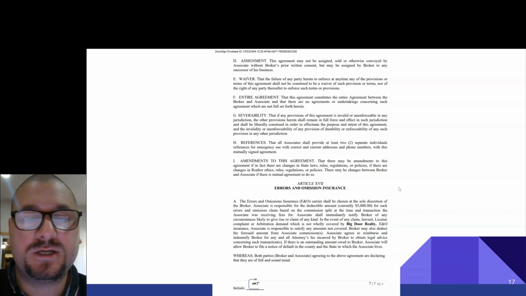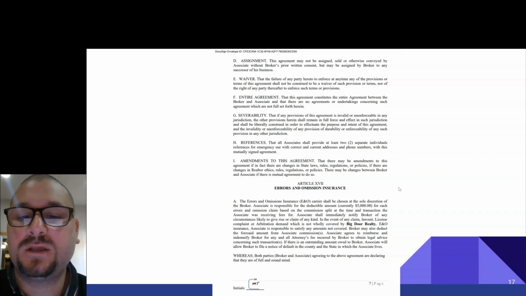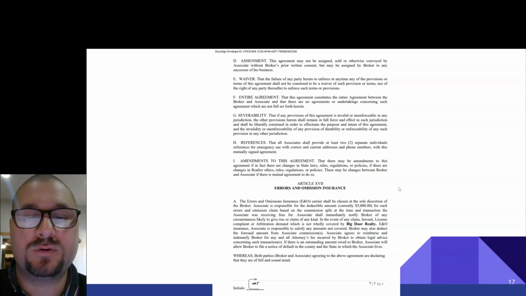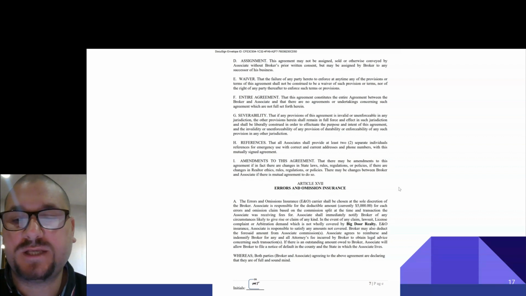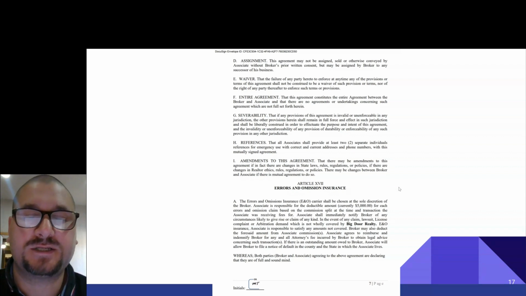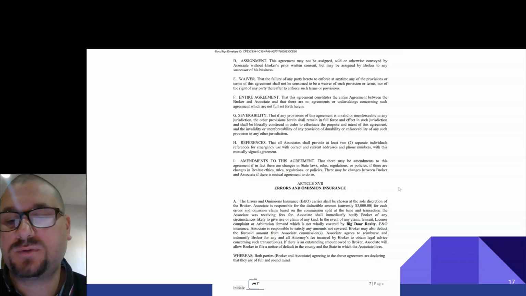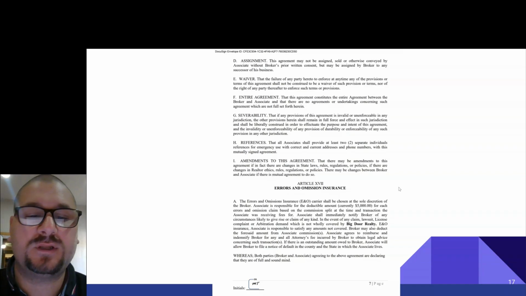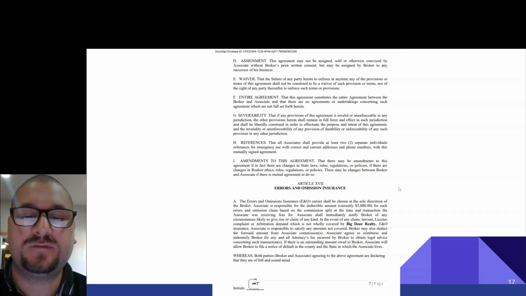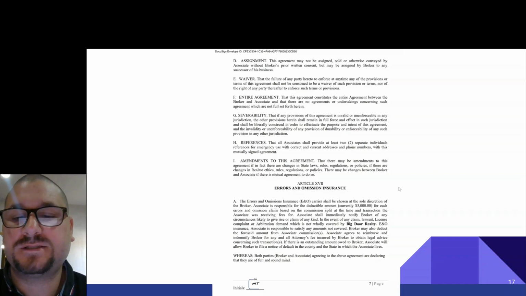Broker may also deduct the aforesaid amount from associate's commission. Associate agrees to reimburse and indemnify broker for any and all attorney fees incurred by broker to obtain legal advice concerning such transactions. If there is an outstanding amount owed to broker, associate will allow broker to file a notice of default in the county and the state in which the associate lives.